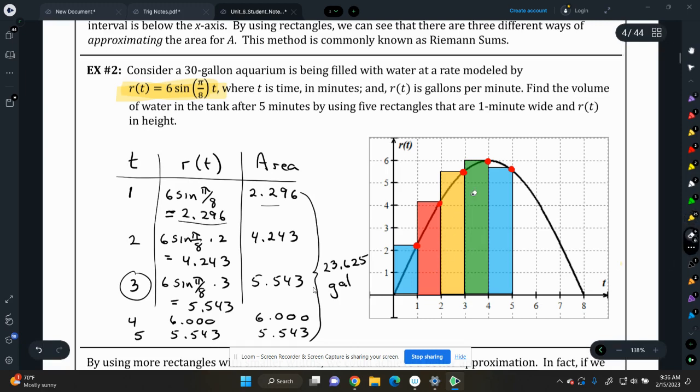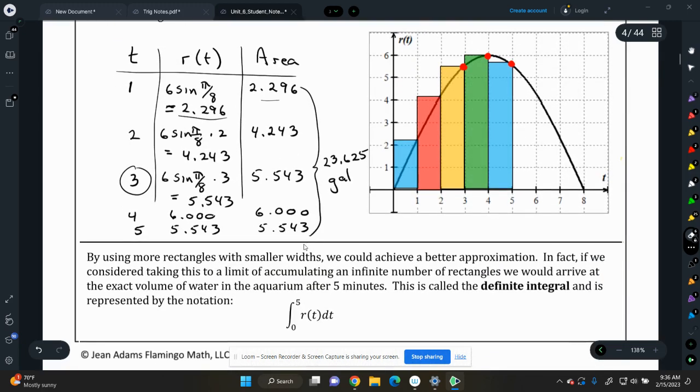That's the height of the rectangle. Those y values are giving me the height of the rectangle. I know the width of the rectangle, and then I know the height of the rectangle, so I can find the area of the rectangle, right? So that would be an approximation.